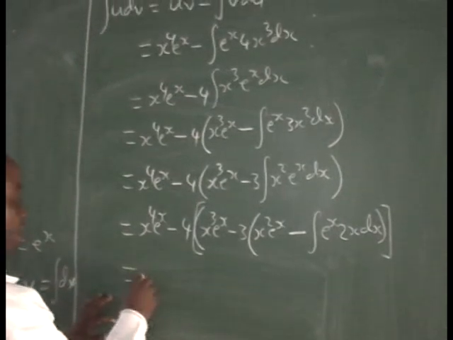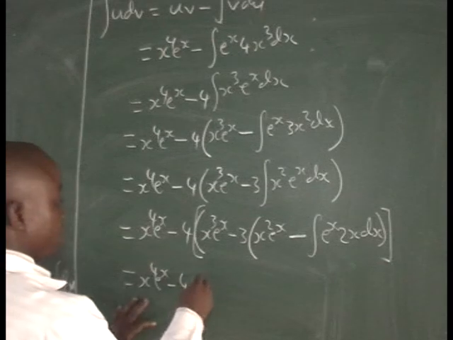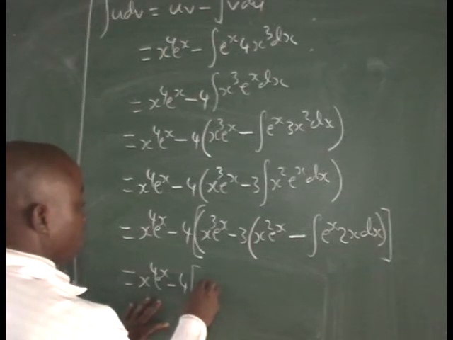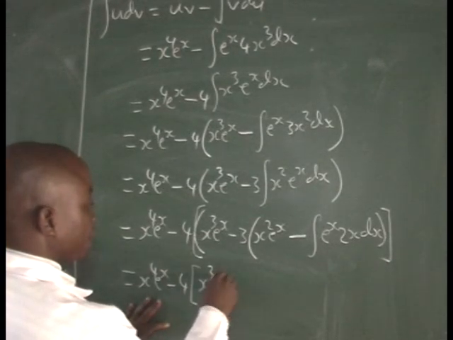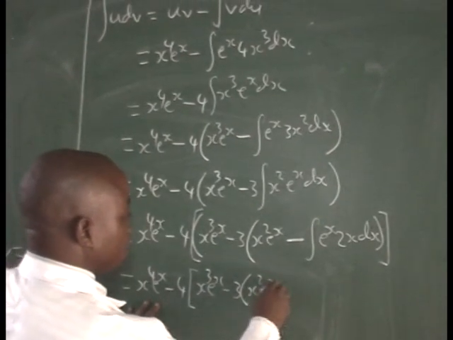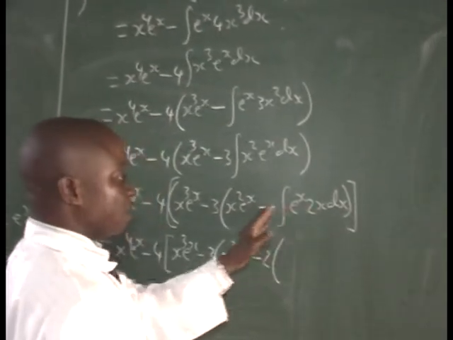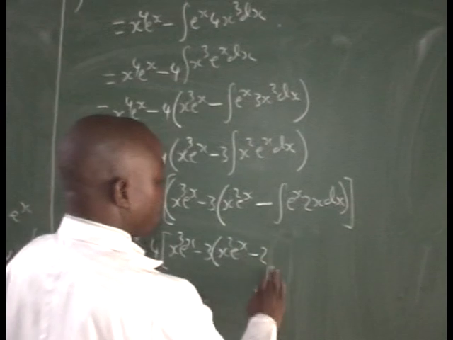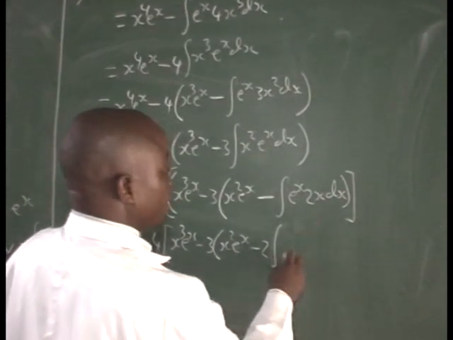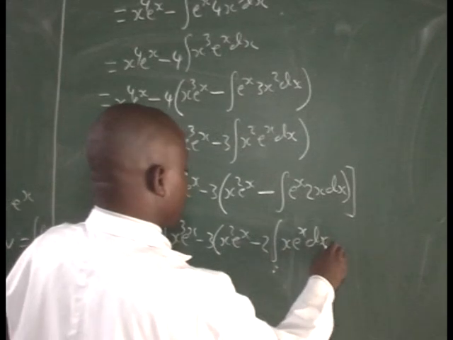Now we go again. x raised to the power 4 exponential x minus 4, then we have x cubed exponential x minus 3, x squared exponential x minus 2. You see, 2 is coming out. So if you bring out the 2, we have integral of x exponential x dx.